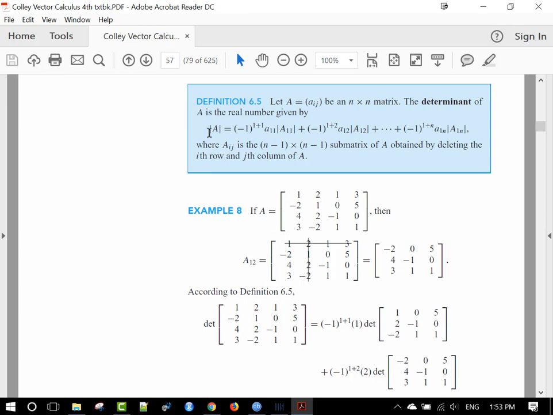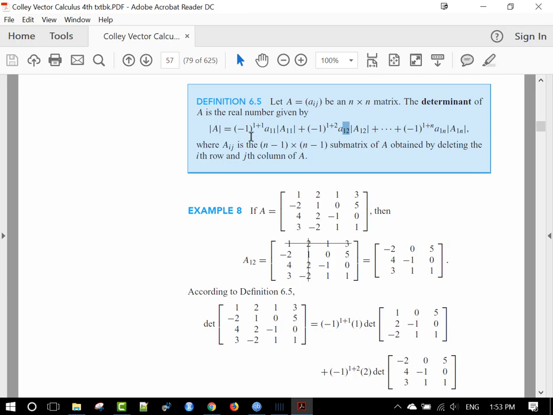So that's what this says here. It says that the determinant, you take the A11 submatrix, find its determinant, the A12 matrix finds its determinant, and so on, all the way out to the last one, multiply by the corresponding element, the A11 element, the A12 element, and so on, and work with these minus signs and plus signs.